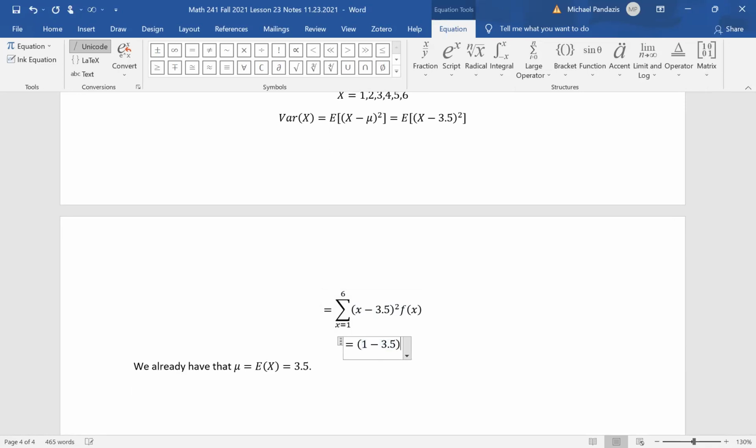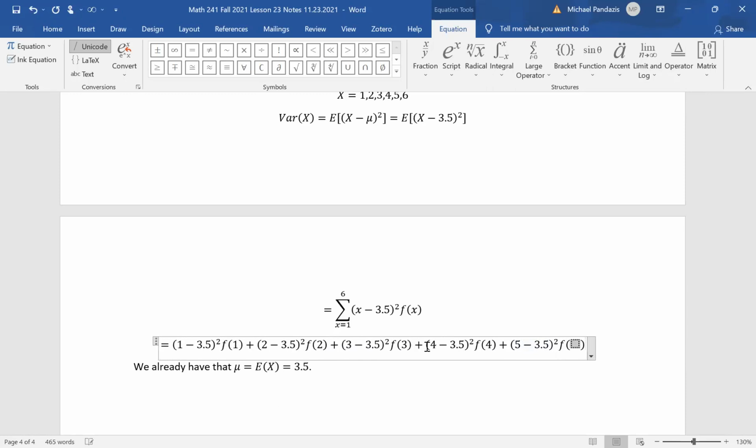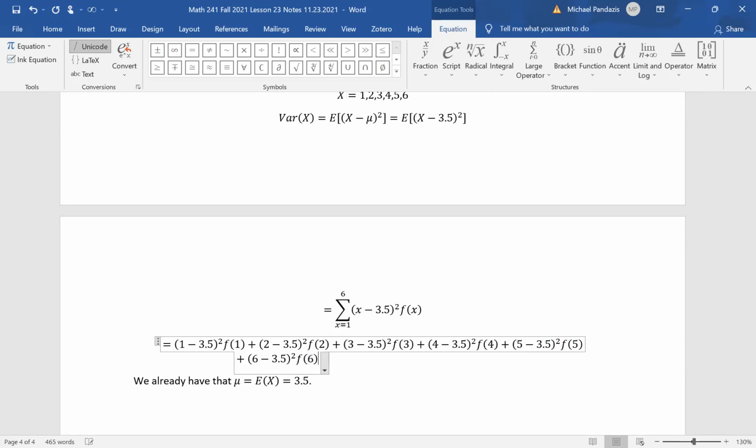So it's 1 minus 3.5 squared f of 1, plus 2 minus 3.5 squared f of 2, plus 3 minus 3.5 squared f of 3, plus 4 minus 3.5 squared f of 4, plus 5 minus 3.5 squared f of 5, plus 6 minus 3.5 squared f of 6.